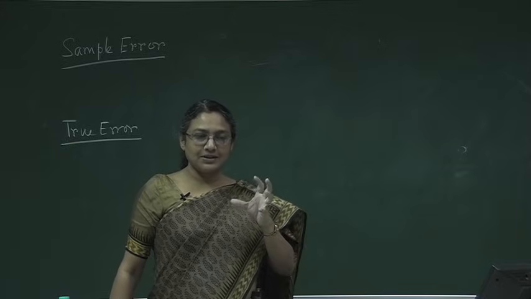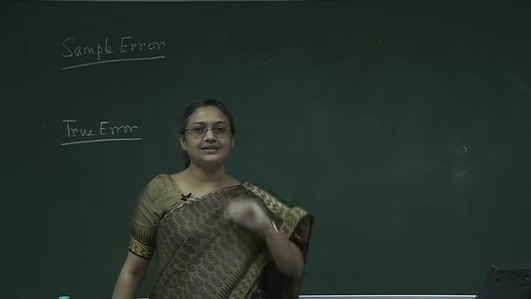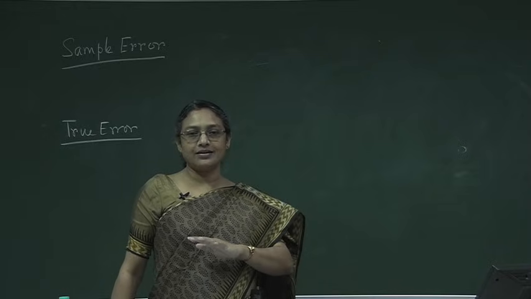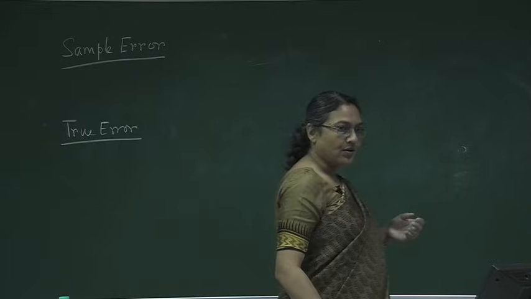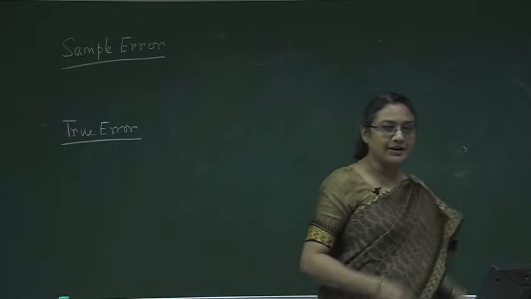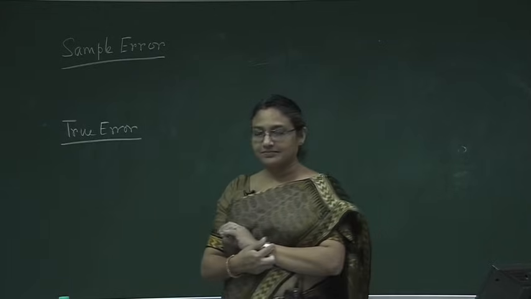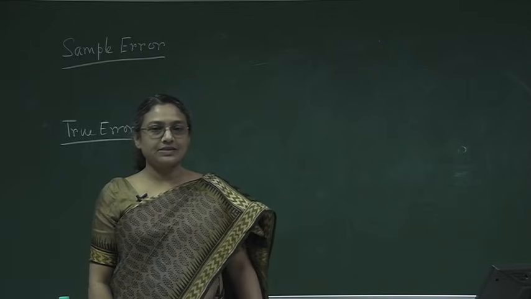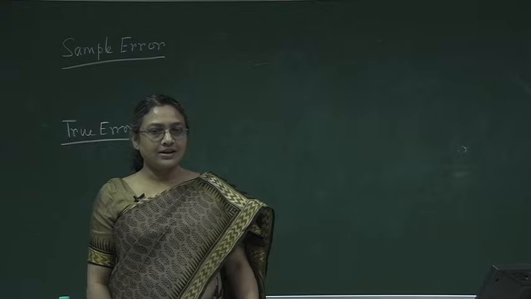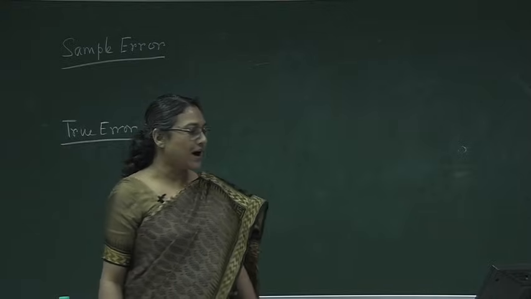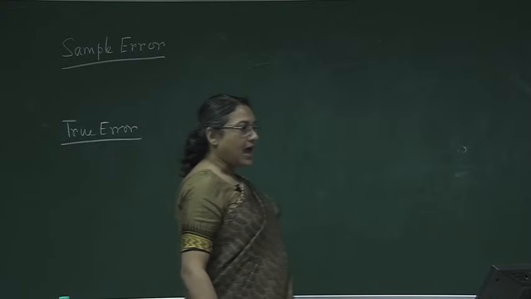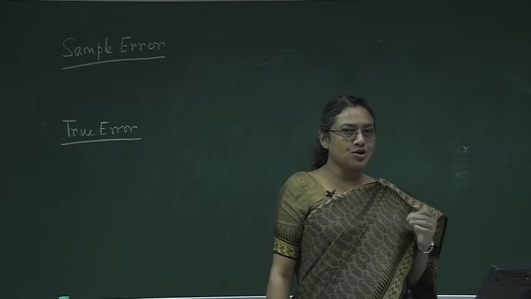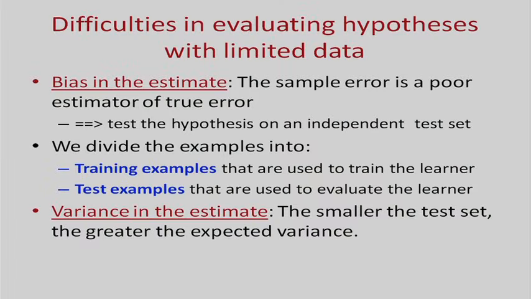You take a sample and you find the sample error, and the sample error may be different from the true error, and so we have to understand what types of errors there can be. Now, when you make this estimate from the sample, there could be error due to bias in the estimate, and the sample error may be a poor estimator of the test error.